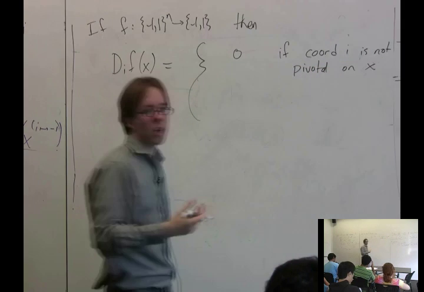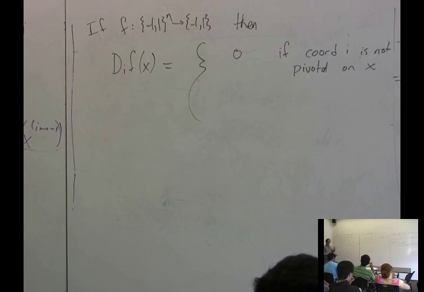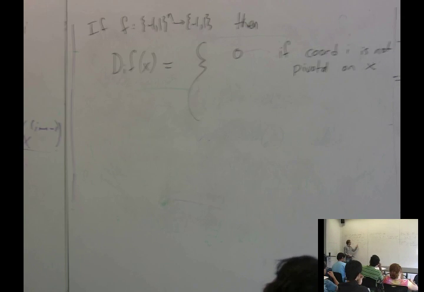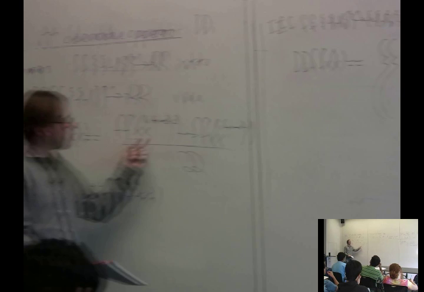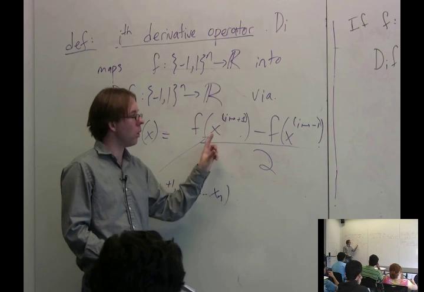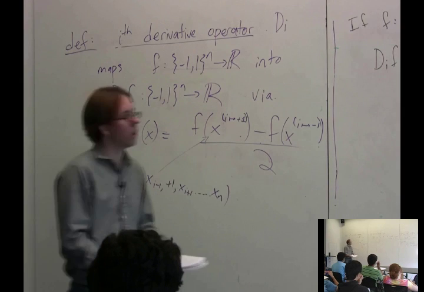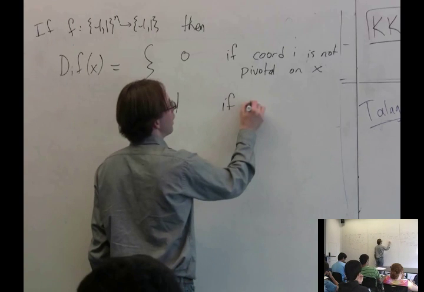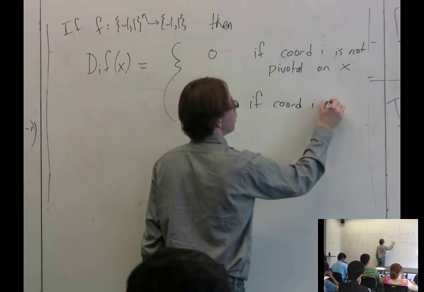Or in election terms, if voter i's vote doesn't make a difference given everybody else's votes. Otherwise, if it does make a difference, you're either doing 1 minus minus 1 over 2, which is 1, or the negation of that, which is minus 1. So it's plus or minus 1 if coordinate i is pivotal.